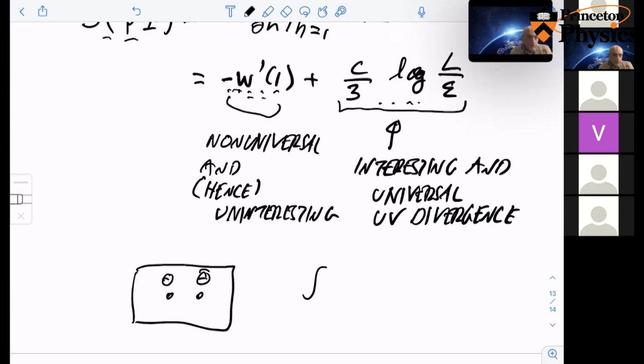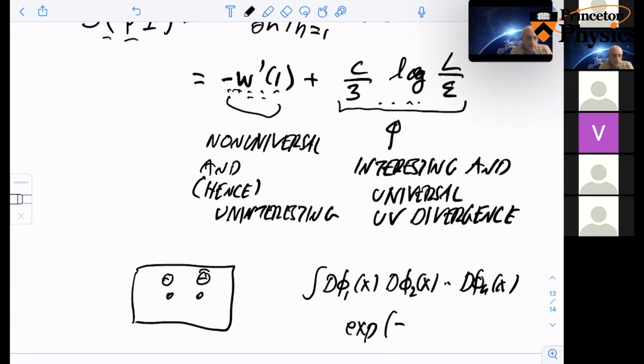You're integrating over n identical fields. And the action is a sum of phi k of x, the same action for each.